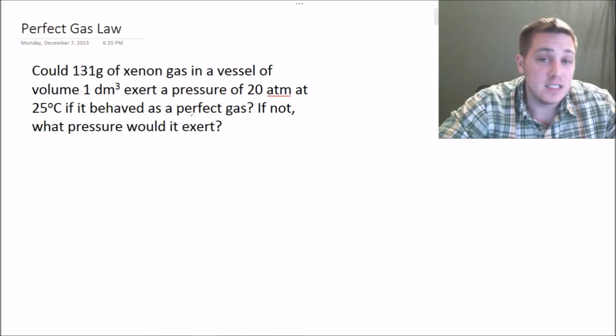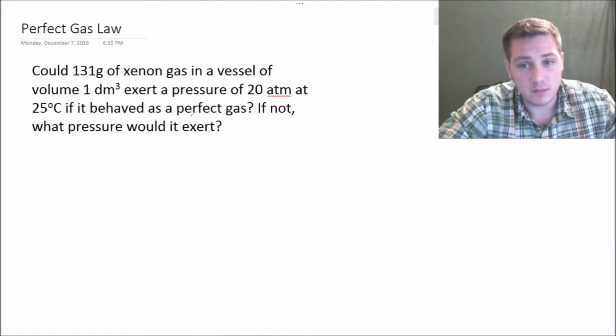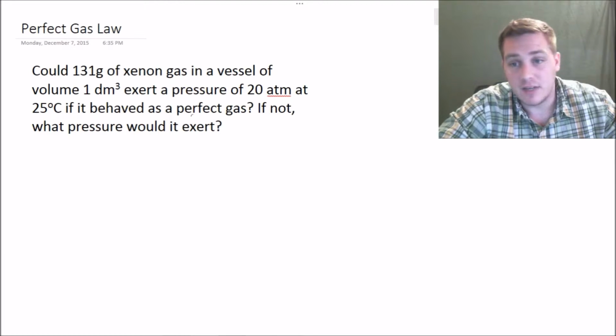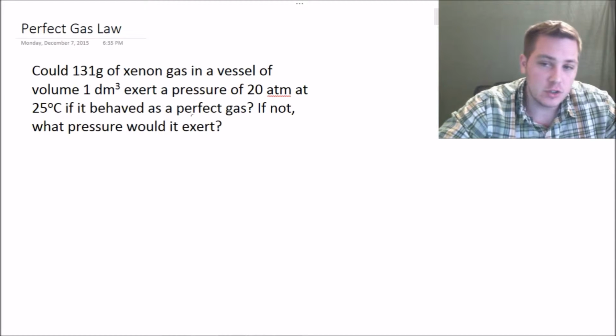It states, could 131 grams of xenon gas in a vessel of volume 1 decimeter cubed exert a pressure of 20 atmospheres at 25 degrees Celsius if it behaved as a perfect gas? If not, what pressure would it exert? Whew, that was a mouthful.